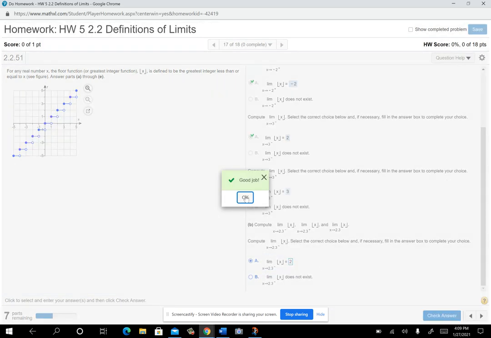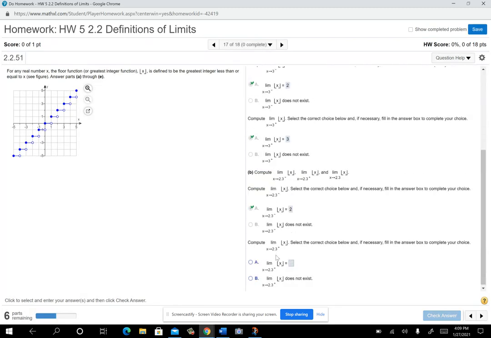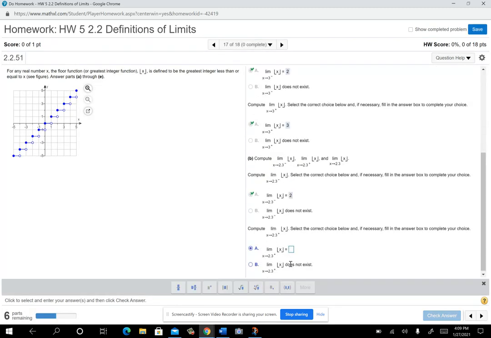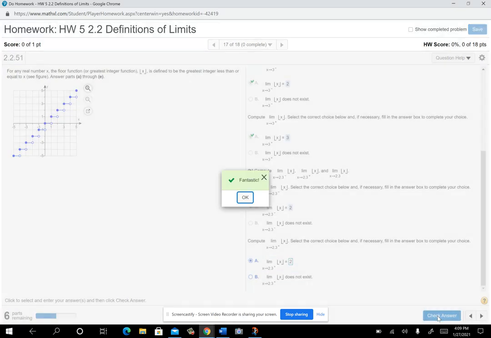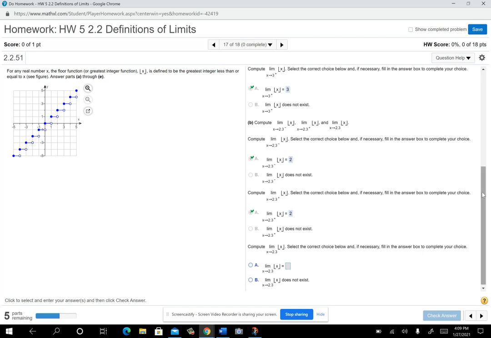It's asking me about 2.3 coming from the right, but that's right in the middle, so we can really see that it's going to just be 2 either way. It gets harder near the end. That's where I want to talk about it some more.